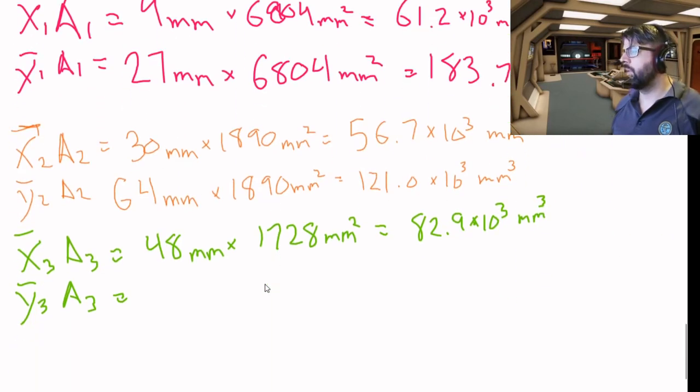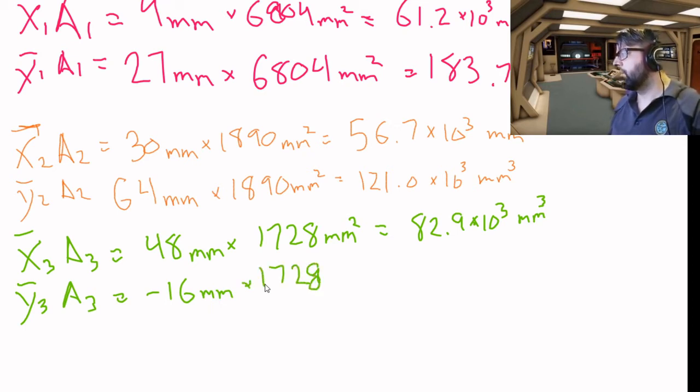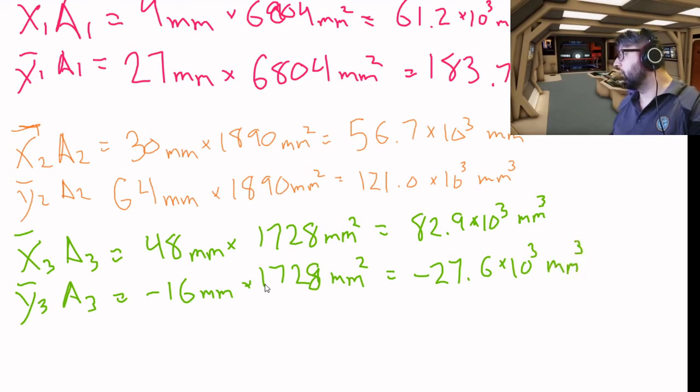So we need to respect the sign conventions there too. That's minus 16 millimeters times the area. So minus 27.6 times 10 to the 3 millimeters cubed.